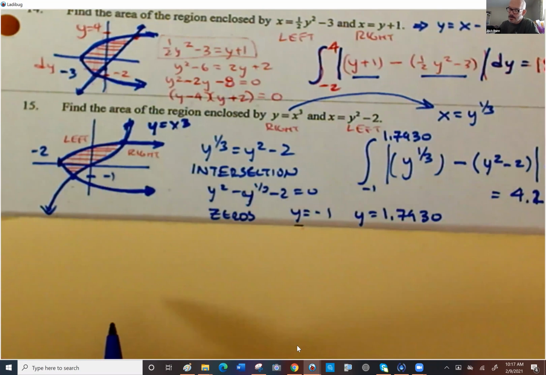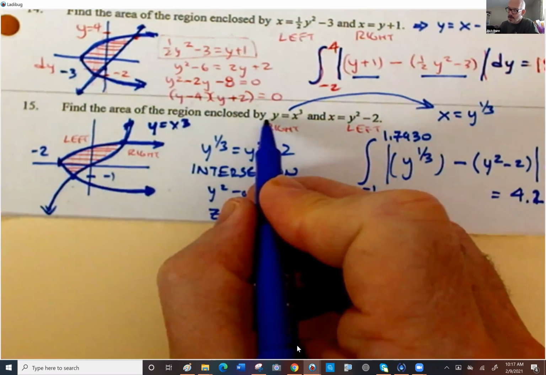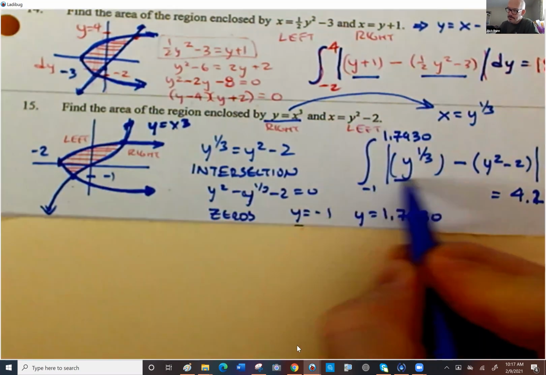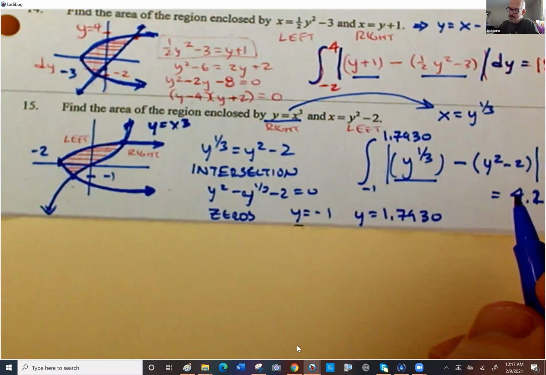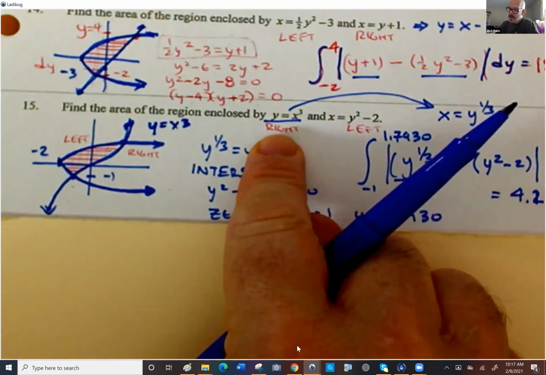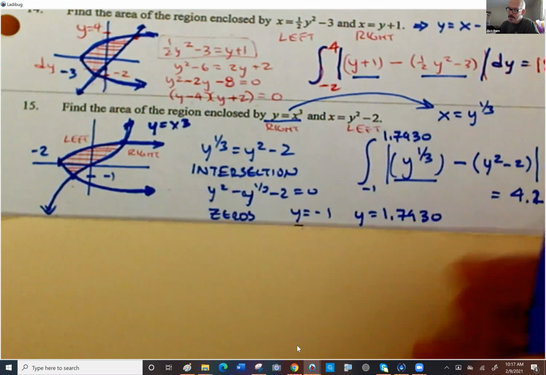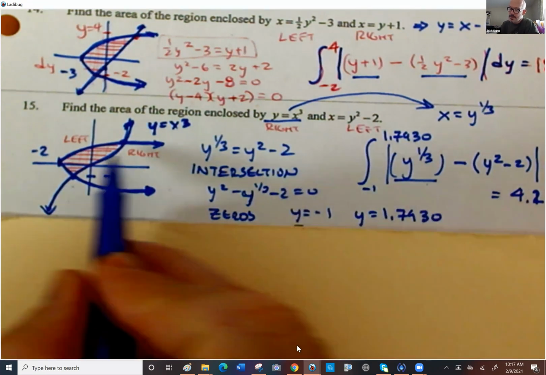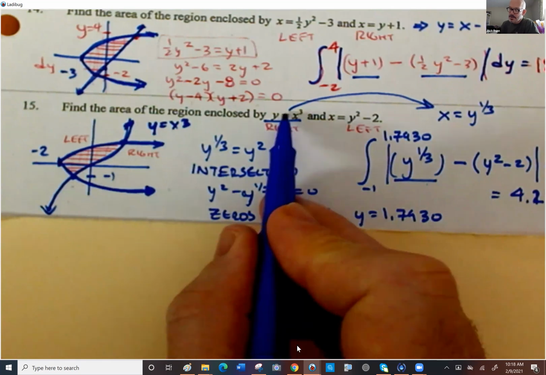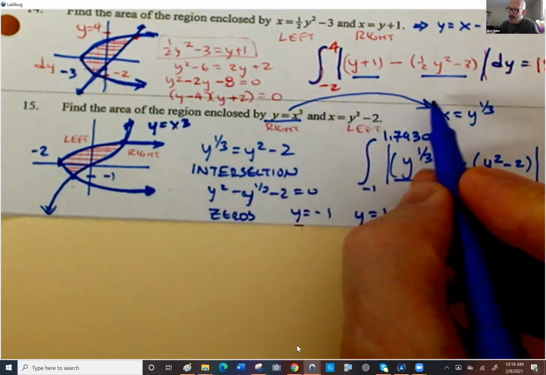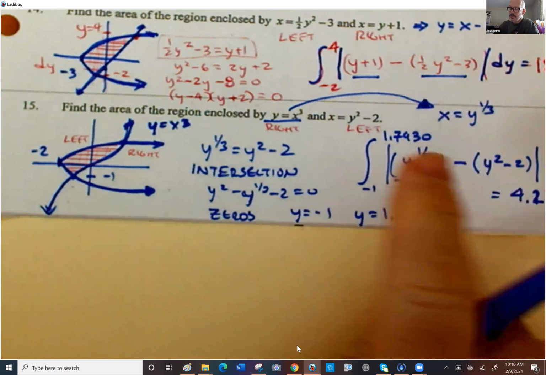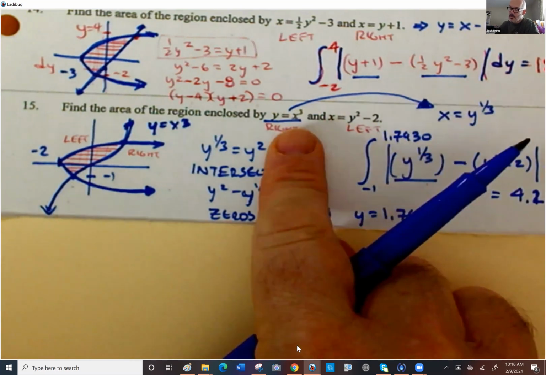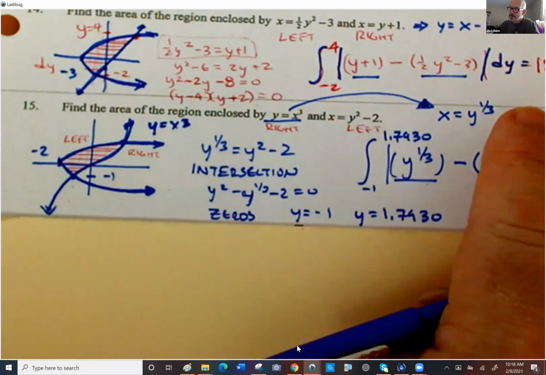The right function is going to be our snake. But remember, when I substitute this in, if I'm doing horizontal cuts, I can't have any x's. So I need to solve this one for y. I'm not doing the inverse of it. I'm solving this equation for y, or solving it for x.